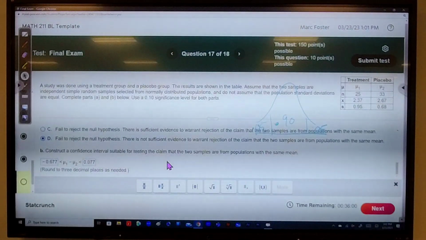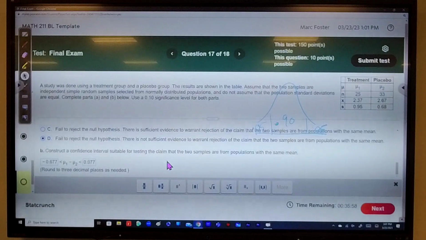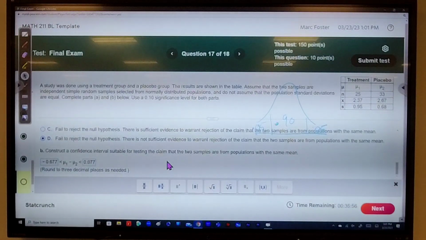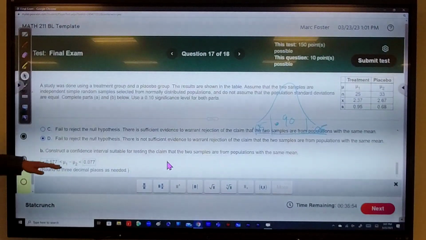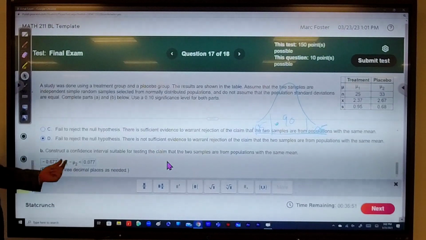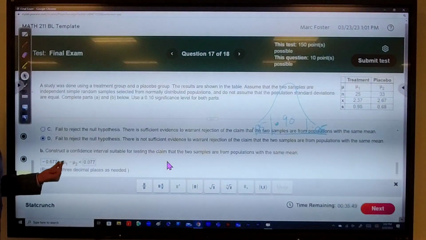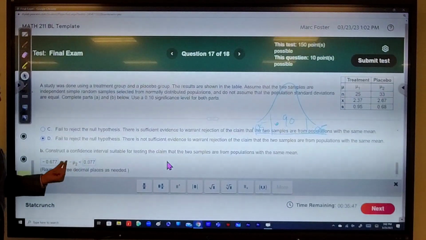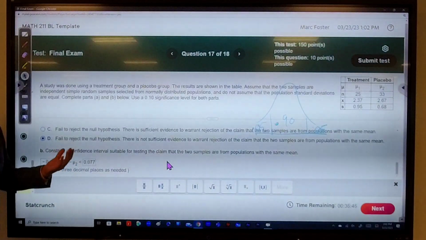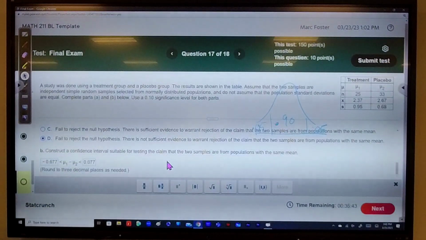And if you were out in the real world and this was a real thing, 0 is in this confidence interval. So it could very well be the case that the placebo group and the treatment group are giving you the same results, in which case your medication isn't doing squat.